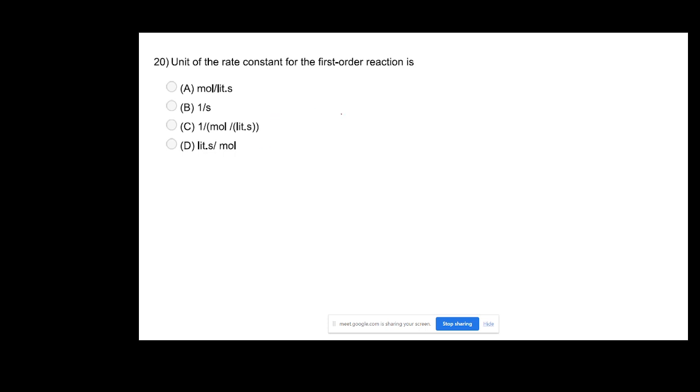So the next question, which is the last question, is the unit of rate constant for a first order reaction. First order overall reaction is A gives products. So rate will be represented as k C_A to the power 1. Rate is dC by dt equals k C_A.